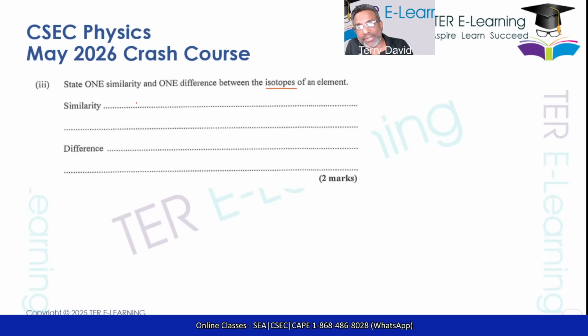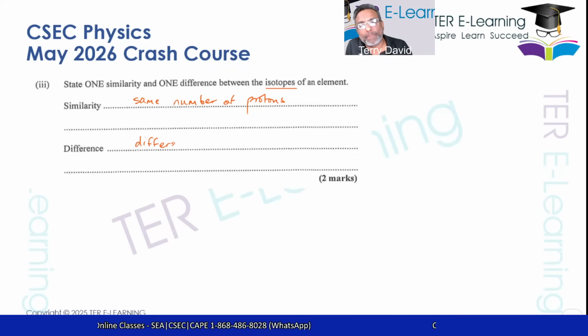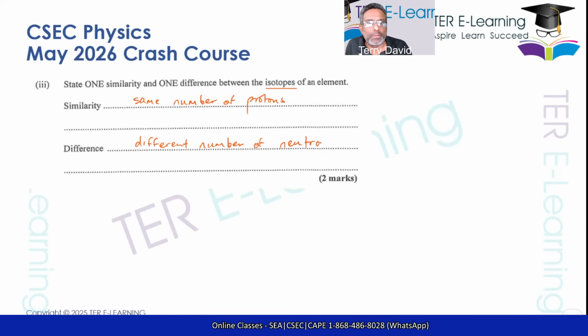So in terms of similarity, you're going to say same number of protons, right? So that's similarity. When it comes to difference, we're going to say different number of neutrons. So easy 2 marks again.